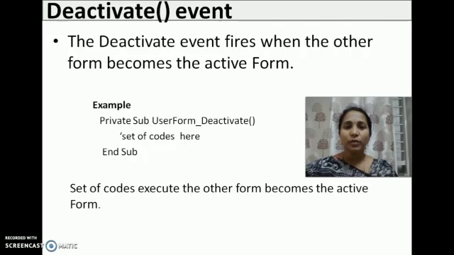So when you switch from Form1 to Form2, Form1 becomes deactivated and Form2 becomes the active form. When Form1 becomes deactivated, you can use a deactivate event for Form1. Whatever set of code you have written for Form1 deactivate will be executed when the form becomes deactivated.